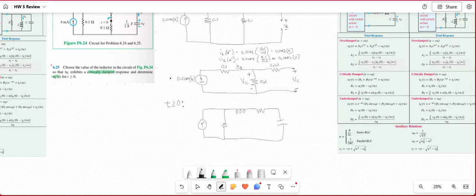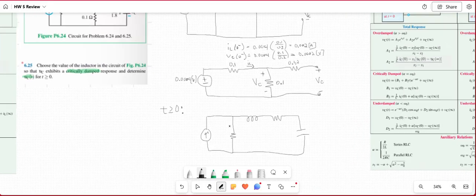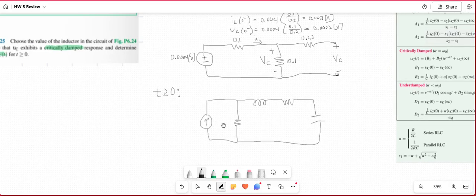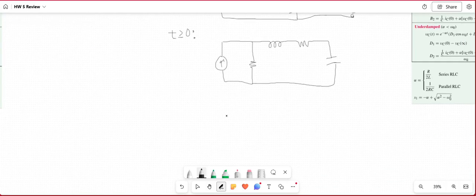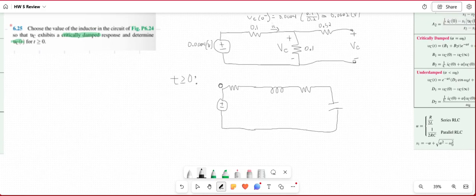Oh, and also to make it into an RLC circuit, let's do a source transformation on this current source. So I'm just going to do this.